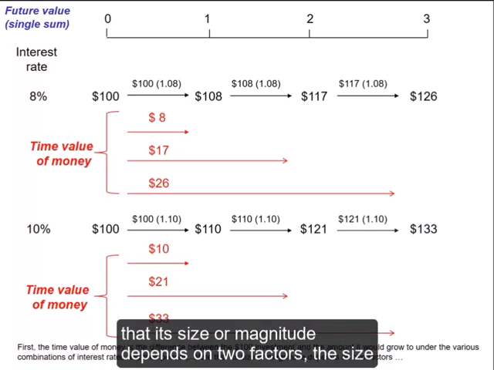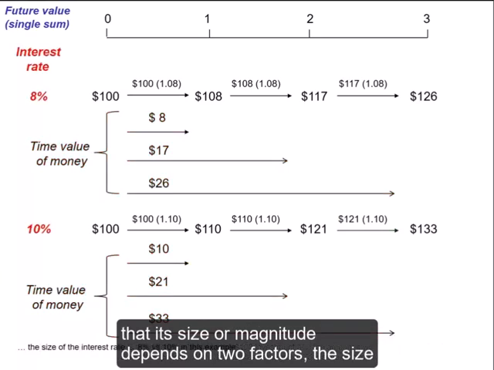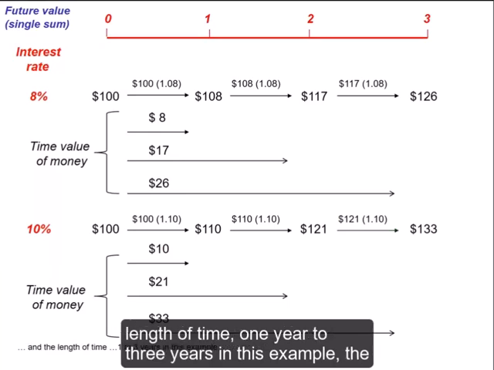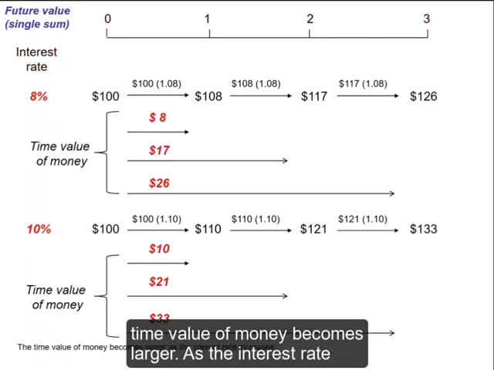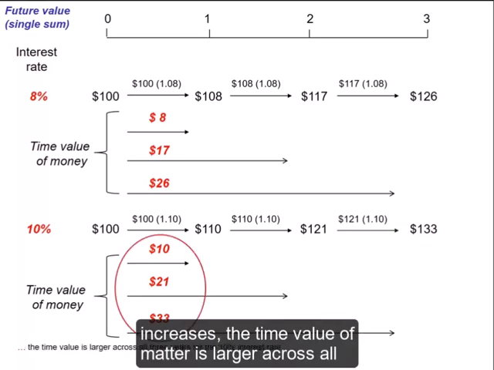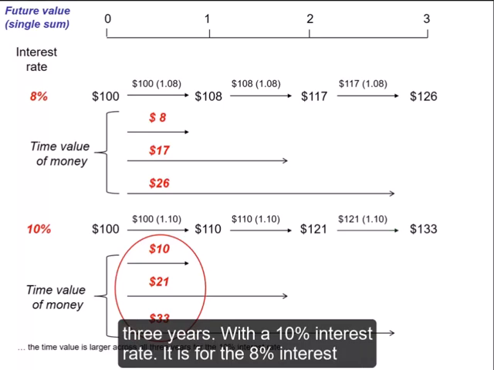Note that its size or magnitude depends on two factors: the size of the interest rate, 8% versus 10% in this example, and the length of time, 1 year to 3 years in this example. The time value of money becomes larger as the interest rate increases. The time value of money is larger across all 3 years for the 10% interest rate than it is for the 8% interest rate.